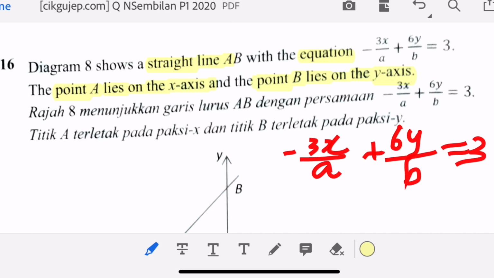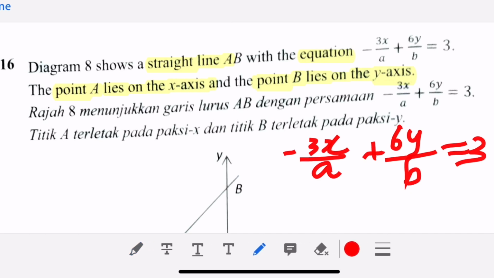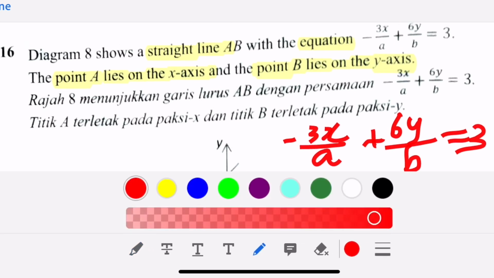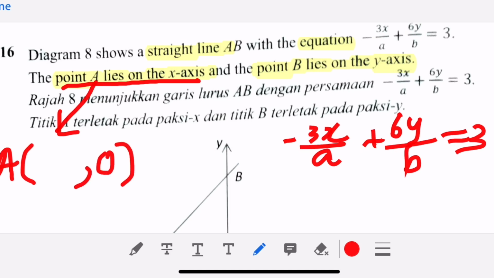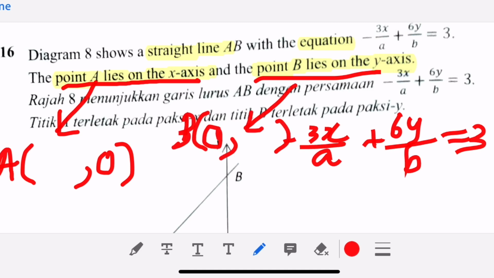So from the equation, you start with finding the point A and point B first. So the point A lies on the x-axis. The moment you see x-axis, the y must be 0. The moment you see y-axis, the x must be 0.